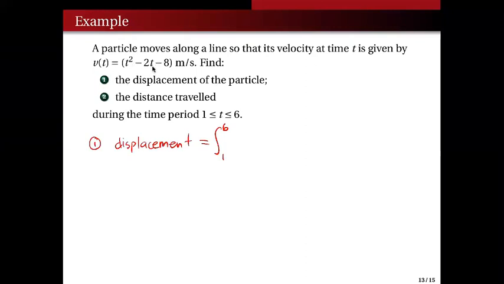So this function here, t squared minus 2t minus 8 dt. From this point on, I'll not put the aside part. I will combine that in the solution. So I'll do the indefinite integral in here, and then evaluate it from t equals 1 until t equals 6.